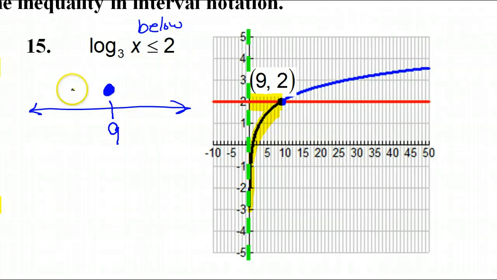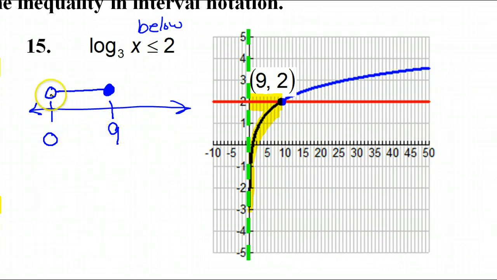And did we say we were going to go left or right? Yeah, we said we would go to the left because that's where it's below, all right? Less than is below. So I need to go left, but I need to be careful when it's a logarithm and I'm going left. It's got to stop at 0, people. So I'm going to put up a roadblock right here, open circle. Okay, so kabam. This is what the number line graph would look like.